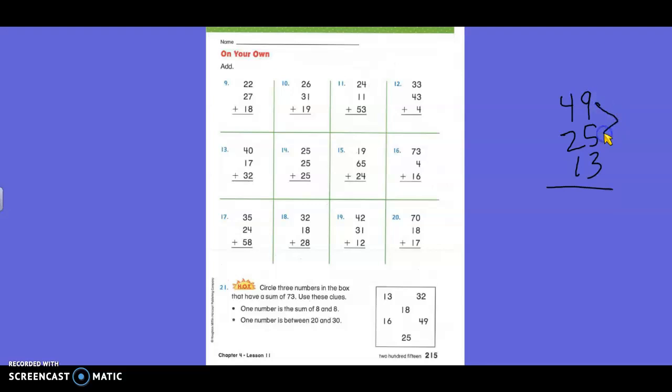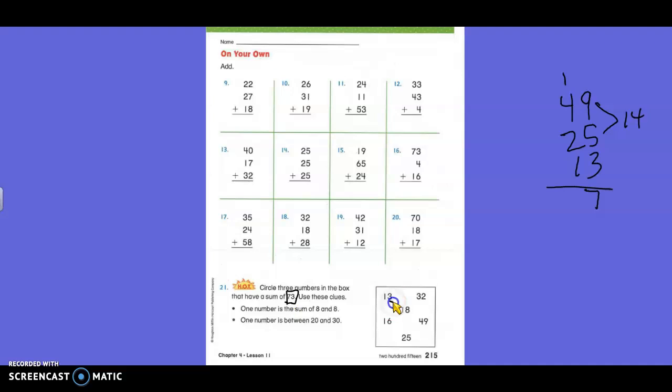What's 9 plus 5, everybody? 14. 14 plus 3 is? 17. Okay, 7, add a 1. Well, is it going to be 73? No, because the 1s place doesn't have a 3. So guys, if we want a 3, we're going to have it equal a 13 probably, just so you know.